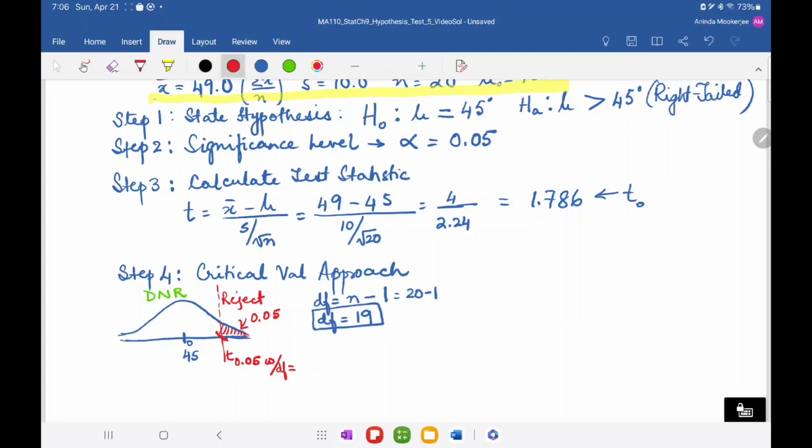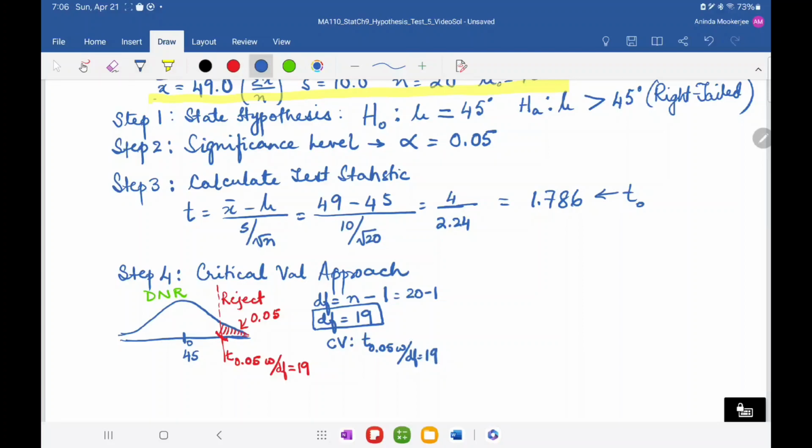So I'm going to write here t of 0.05 with df 19. Now we have to look up that value in our table or from your calculators. So CV is t of 0.05 with df equals 19.